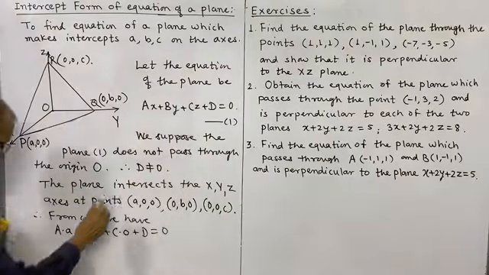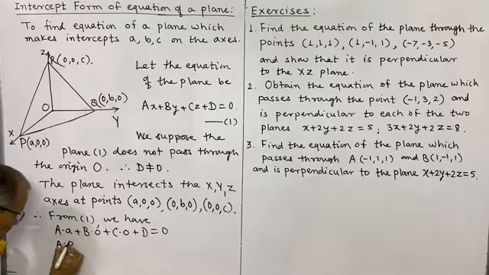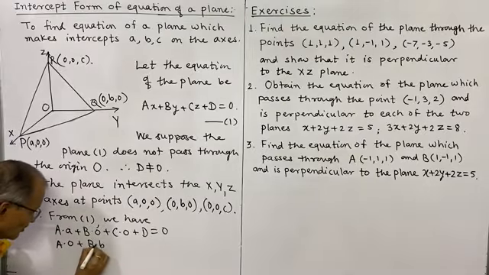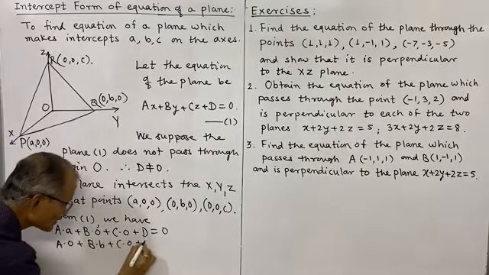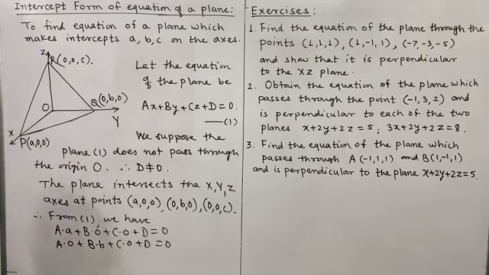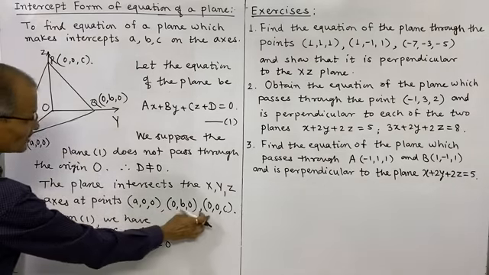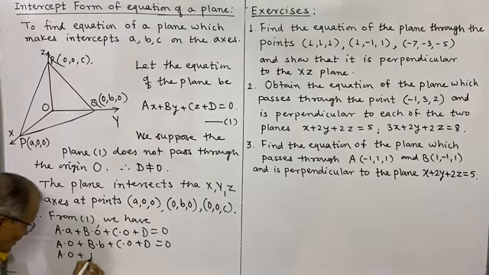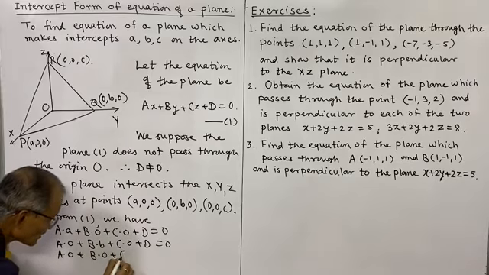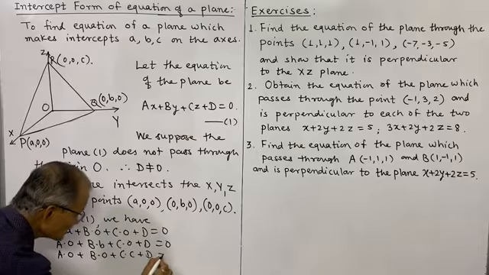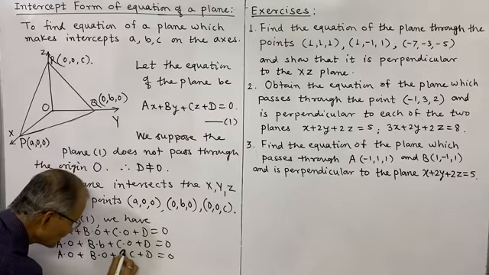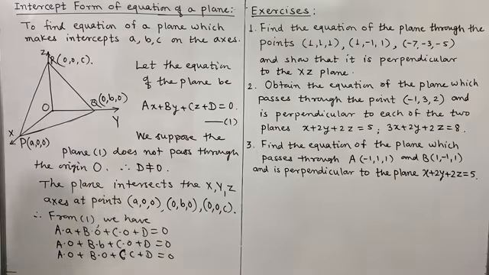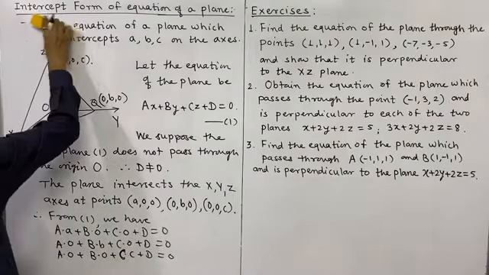Second, 0 b 0 means A into 0 plus capital B into b plus C into 0 plus D is equal to 0. And one more thing, this point is on 1, means A into 0 plus B into 0 plus C into c plus D is equal to 0. This is capital C and this is small c.